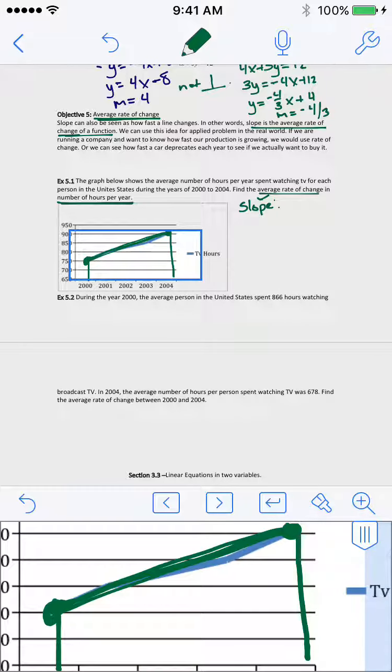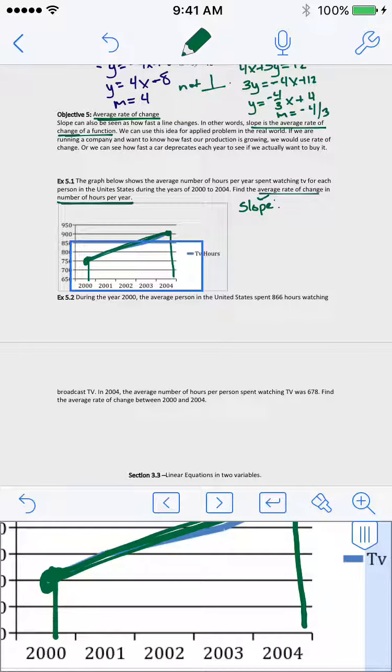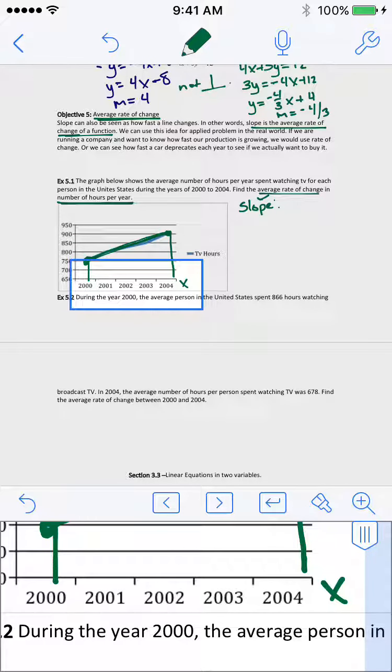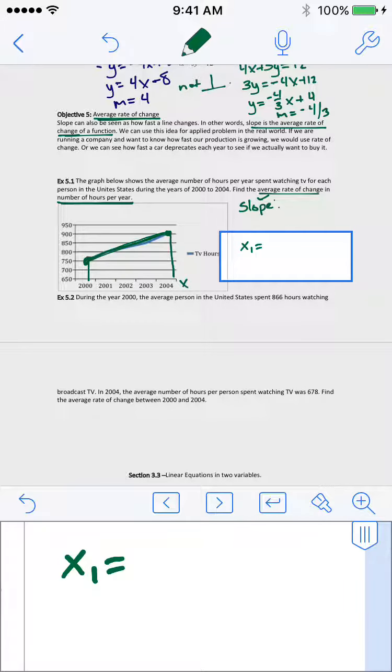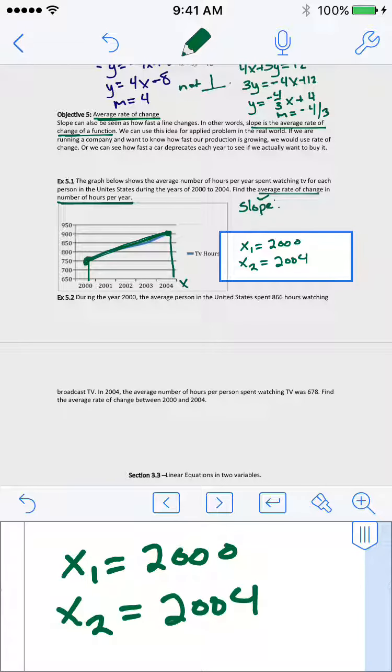Okay, cool. Let's look there. So 2000 to 2004. Okay, cool. All right, so we know that since the years are on the axis, what axis is it on? Good, it's on the x-axis. So our x1 is going to be the year 2000, and our x2 is going to be the year 2004.